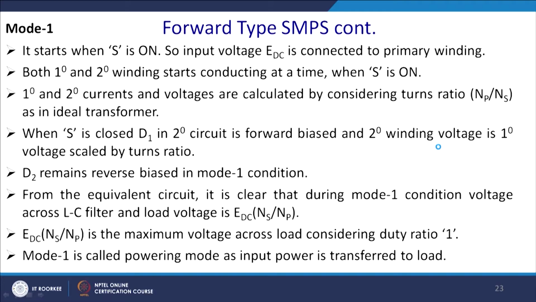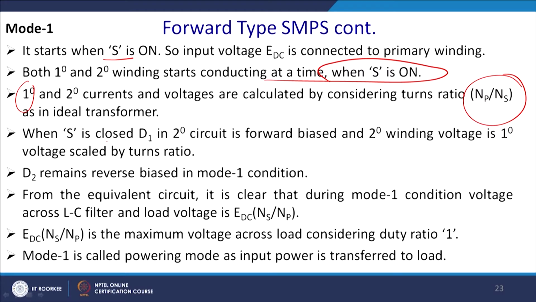Mode 1 starts when switch S is on. So, the input voltage EDC is connected to the primary winding. Both primary and secondary windings start conducting at the same time when switch S is on. Primary and secondary currents and voltages are calculated by considering the turns ratio Np by Ns as an ideal transformer.